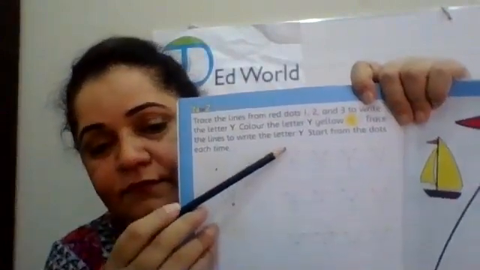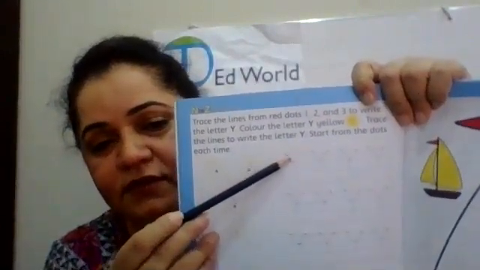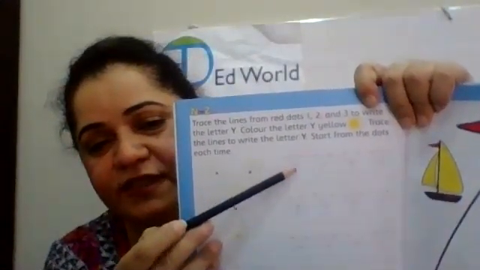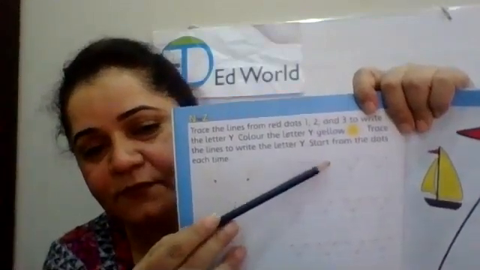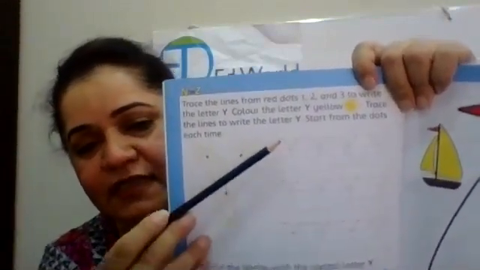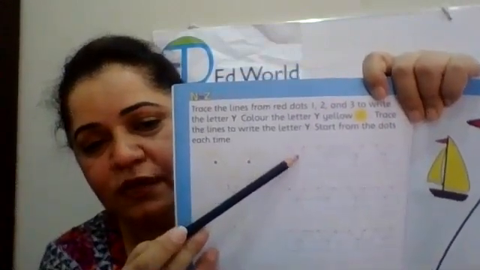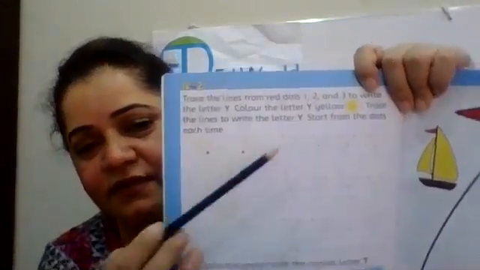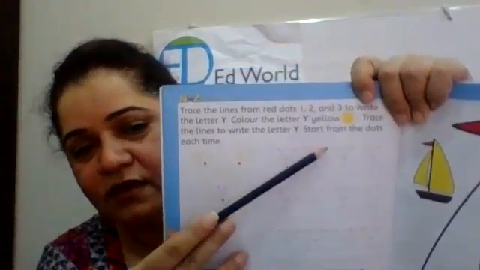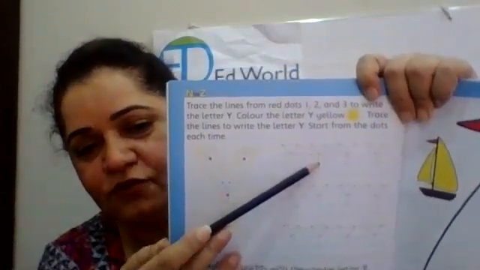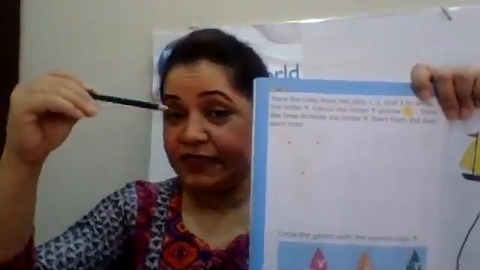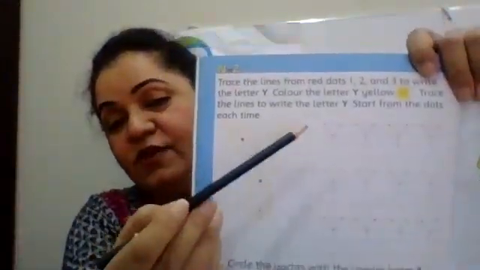Now you come over here. Yes. Now you are going to trace this one. They're all connected over here. One, two, and three. Right? Now, with the help of lead pencils, we're going to trace them.